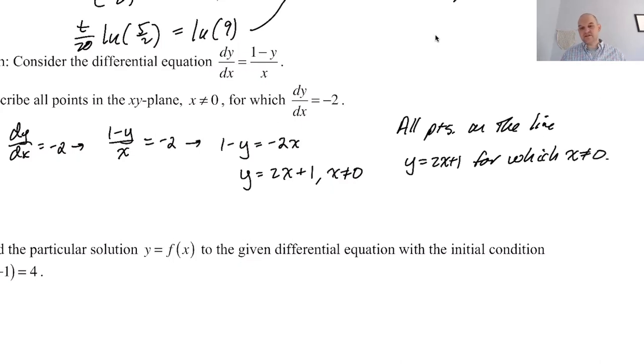I think you should write a sentence there. At every point in the plane on the line y equals 2x plus 1, as long as x doesn't equal 0, if we plug them into dy/dx, we're going to get -2.